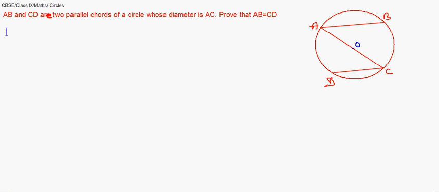Here what are given to us? AB is parallel to CD, AC is the diameter, and O is the center. What do we have to prove? We have to prove that the chords are equal.